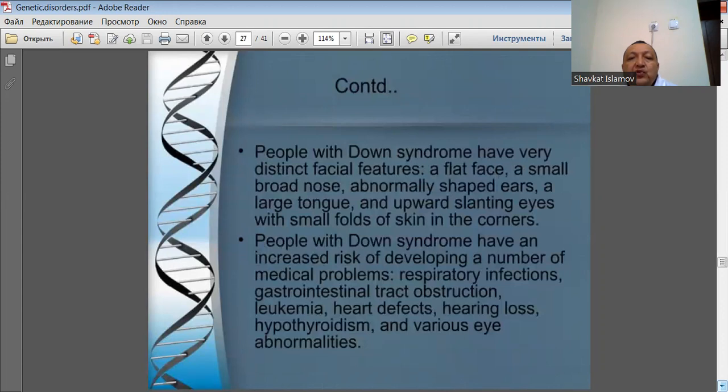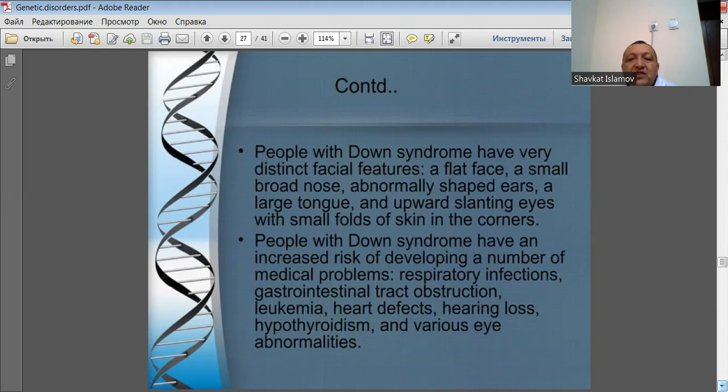People with Down syndrome have distinct facial features: a flat face, a small broad nose, abnormally shaped teeth, a large tongue, and upward slanting eyes with small folds of skin in the corners.